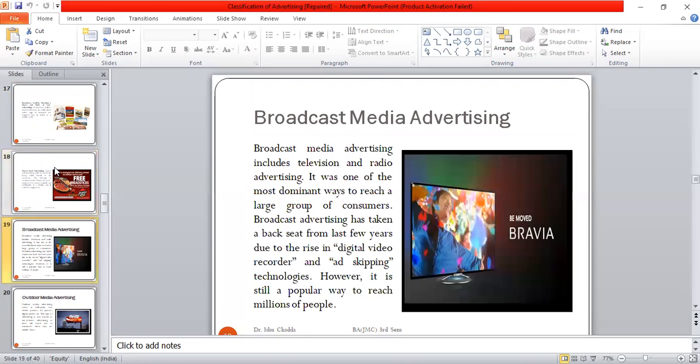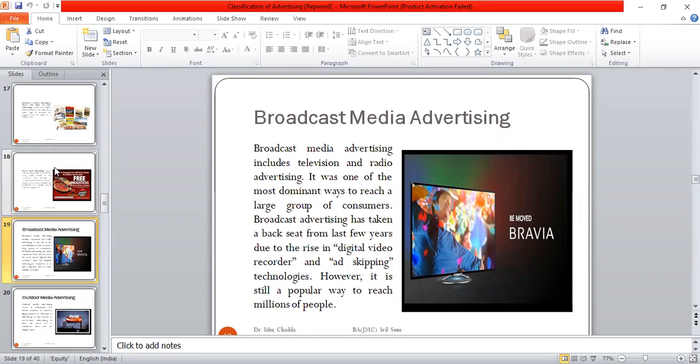The next is broadcast media advertising. Broadcast media advertising includes your television and radio advertising. Whenever you watch television continuously, there is some time which belongs to ad purposes only. If you are watching any serial, or KBC or whatever you are watching, some time has to be captured by advertising companies.